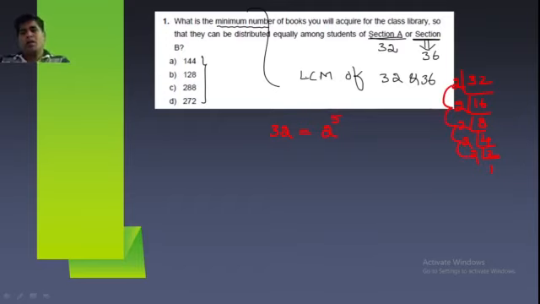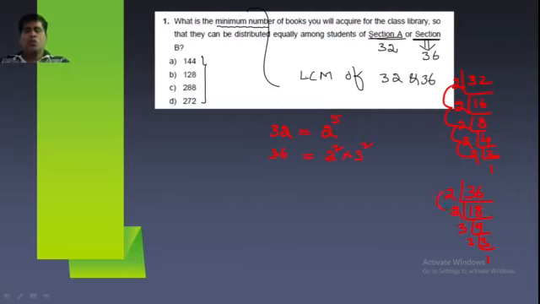Similarly, I want to write 36 as a product of prime factors. 2 18s are 36, 2 9s are 18, 3 3s are 9, 3 1s are 3. So this number 36, we can write as 2 to the power of 2 into 3 to the power of 2.